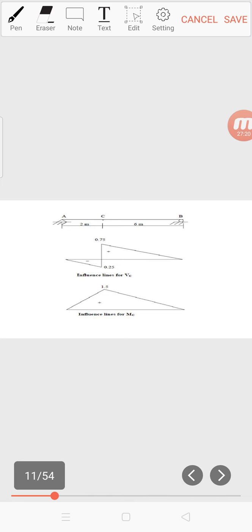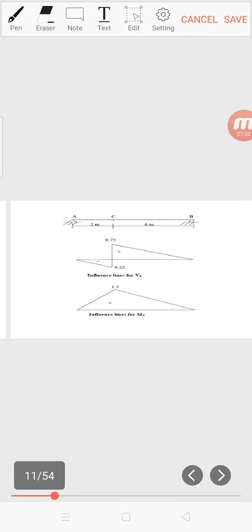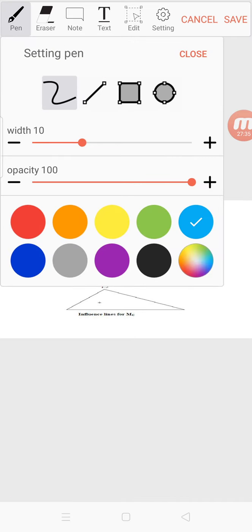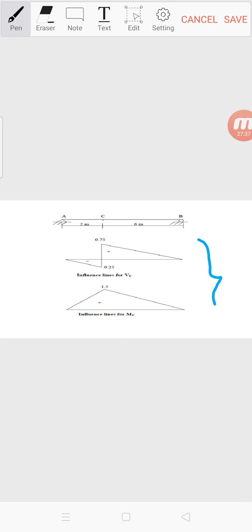So from 0 to 2, the moment increased from 0 to 1.5, and then from 2 to 8, it decreased from 1.5 to 0. So this is the influence line for shear and moment at point C.